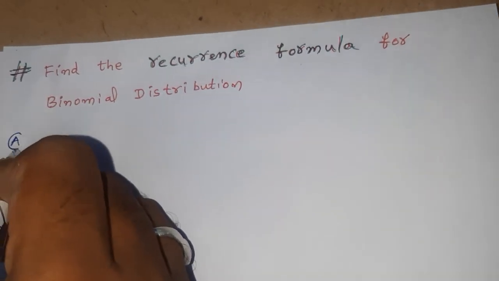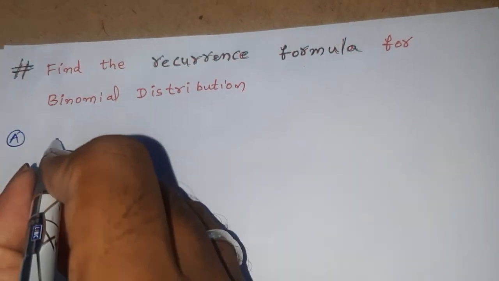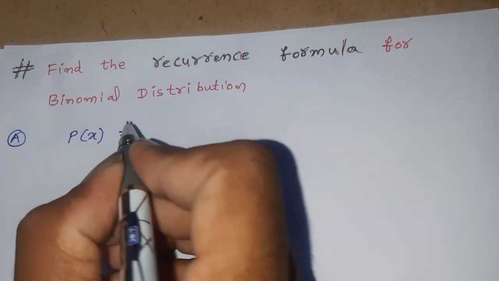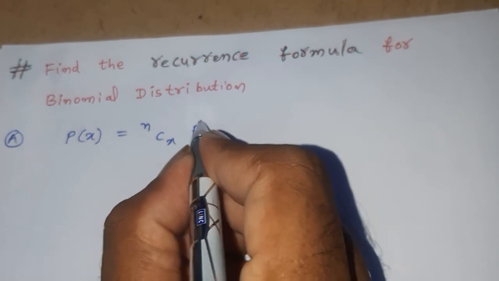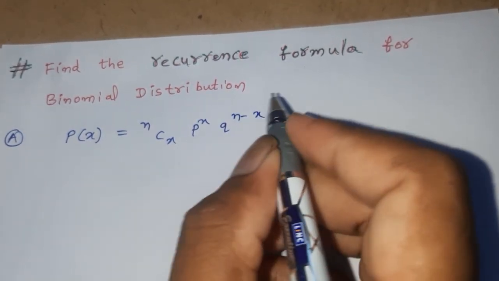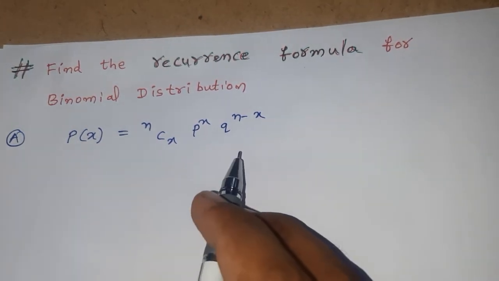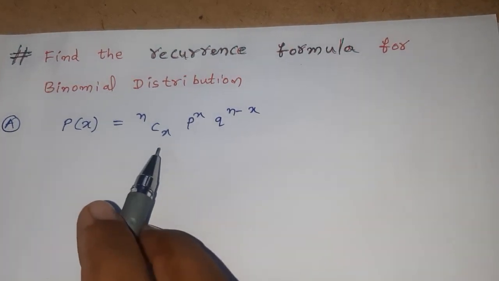Let us learn. We know as per the binomial distribution, P of x, the probability for x, is given by nCx p power of x q power of n minus x. Here p is the probability for getting a success, q is the probability for getting a failure, and x is nothing but the number of successes.